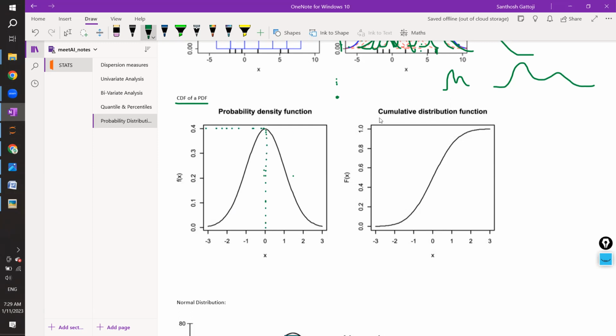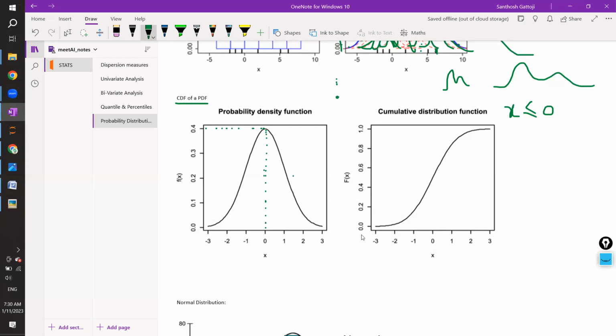But coming to the cumulative distribution, when I ask for 0, what does that mean? Can you guess? It will be x less than or equal to 0. Agree?